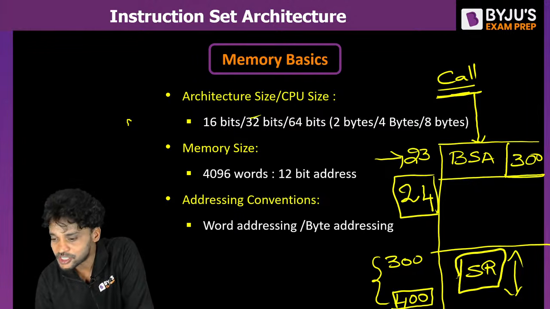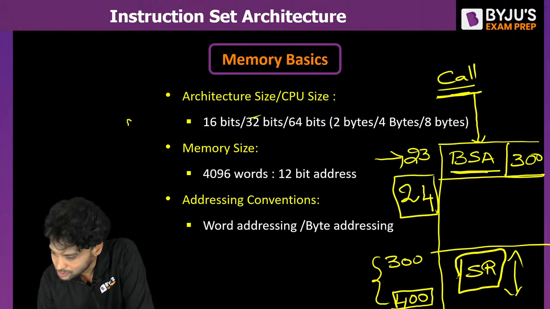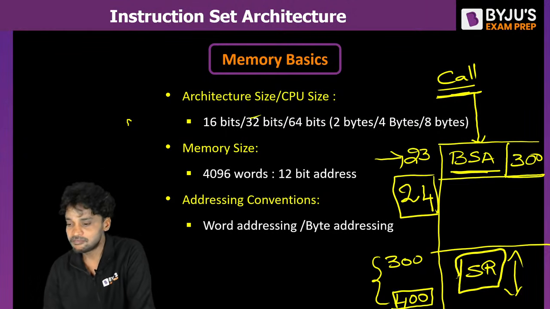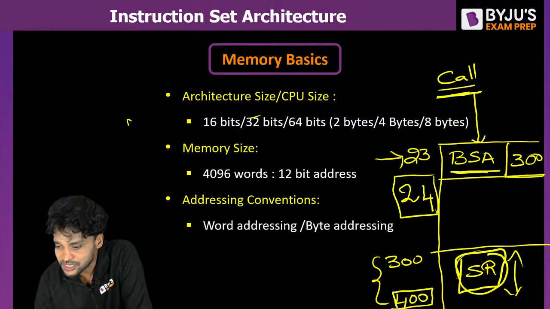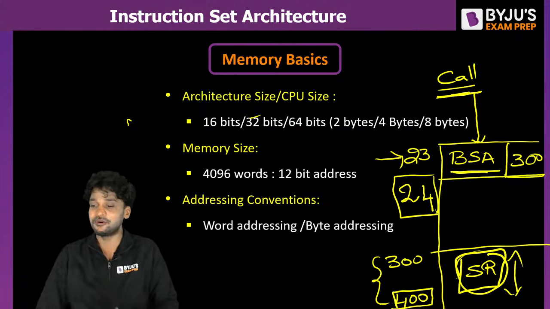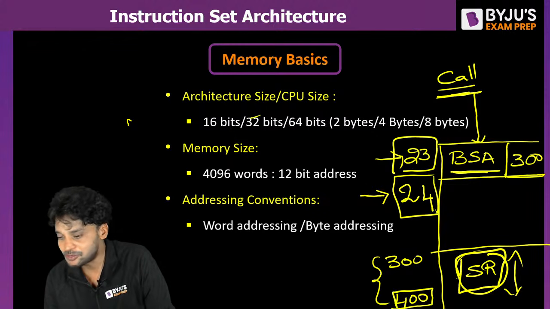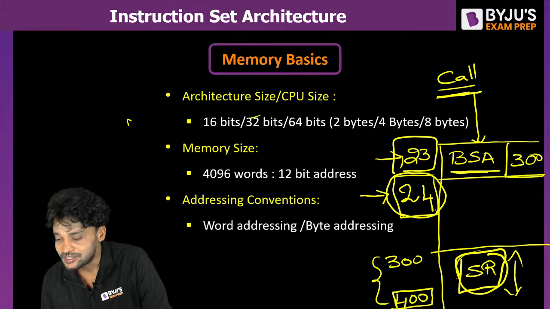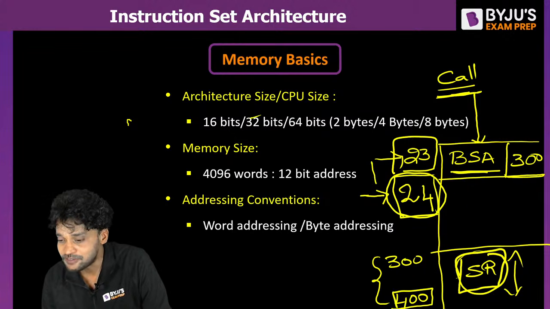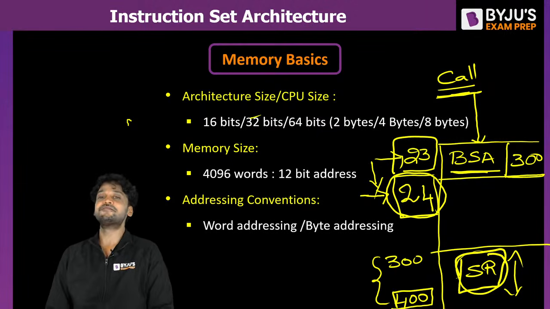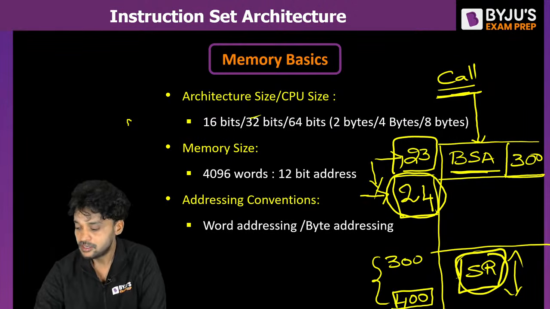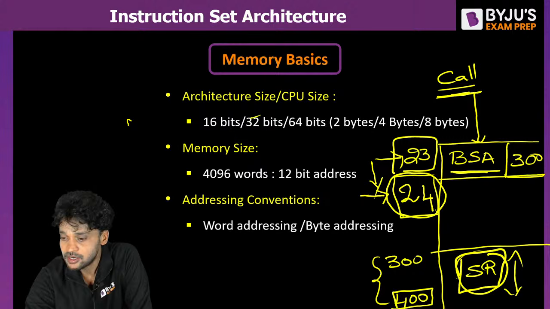But if it is a call instruction, which is a BSA instruction, you will go to 300 anyhow, but right after you finish your subroutine, you will return back to the calling routine from where it was suspended. We just executed 23, after which we went to the subroutine by suspending the next instruction, which is 24. So we need to resume from the 24th instruction. This is the difference between jump and call. Call is BSA, jump is BUN.